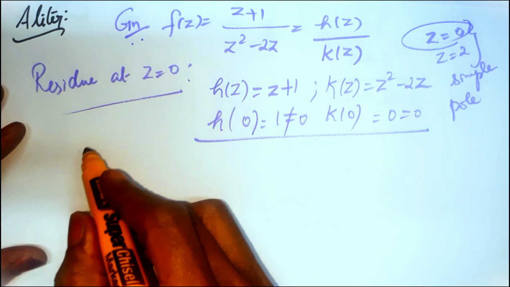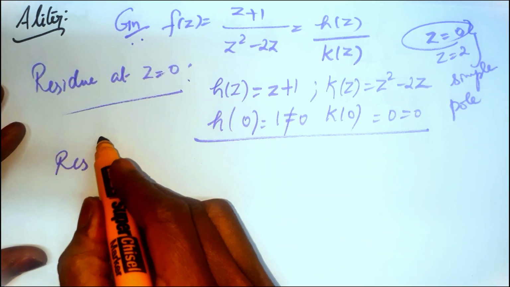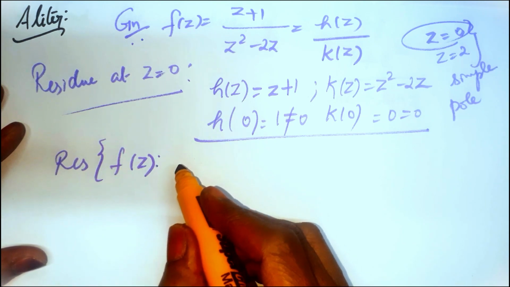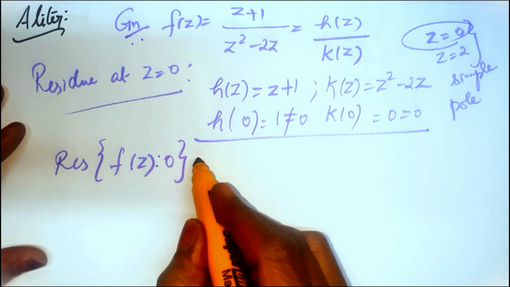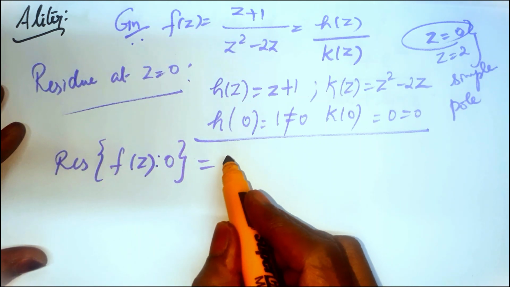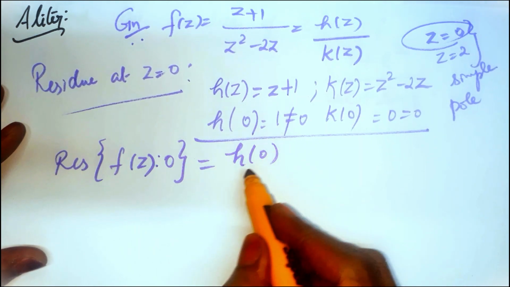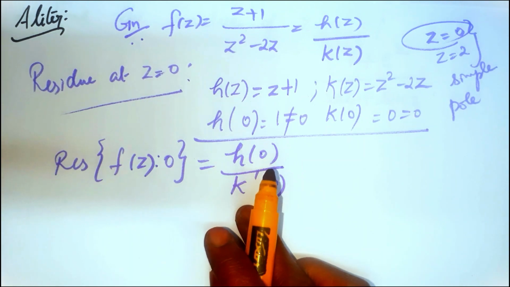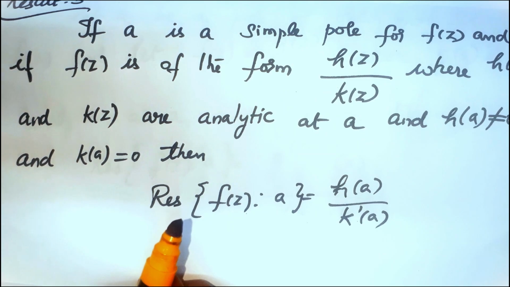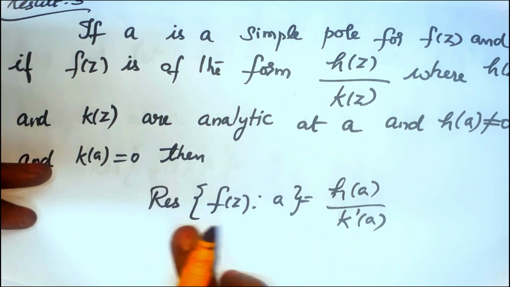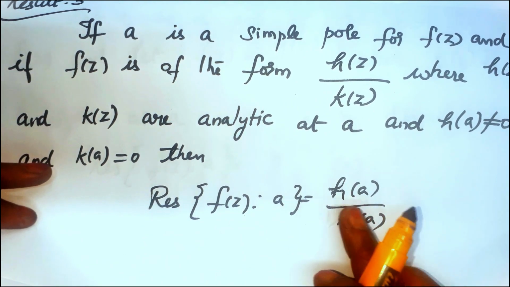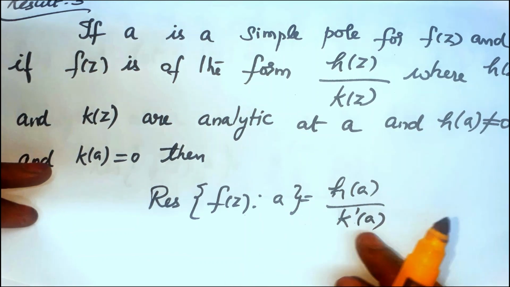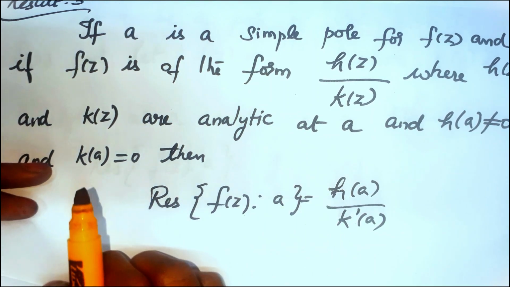So residue of f of z at the pole 0 is equal to h of 0 by k dash of 0. That is the result we saw there. See the result: residue of f of z at the point a is equal to h of a by k dash of a. A means the pole we have here. A takes the values 0 and 2.